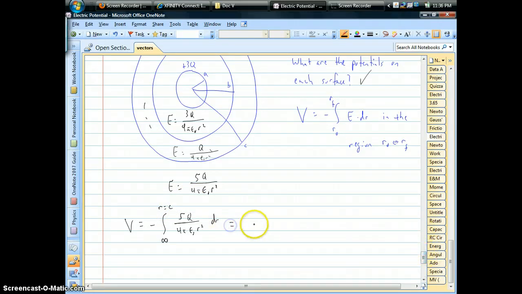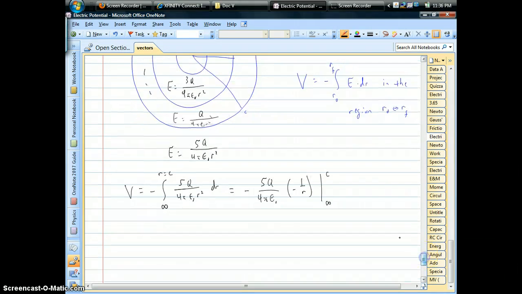Well, this we can do pretty quickly. We have our minus sign. 5q over 4 pi epsilon are just constants. And so really our integral is just dr over r squared. R to the minus 2 power. And that antiderivative is negative 1 over r. We have to evaluate this from infinity to c. Minus signs go away.